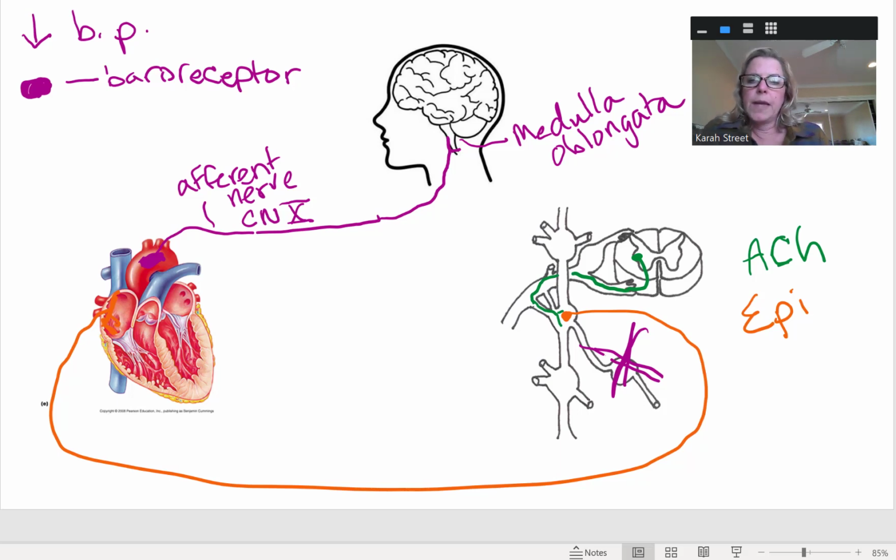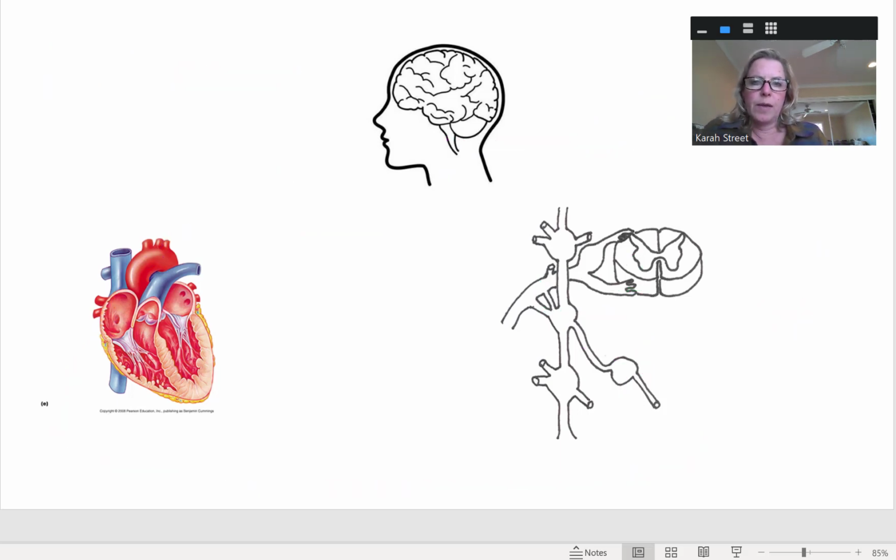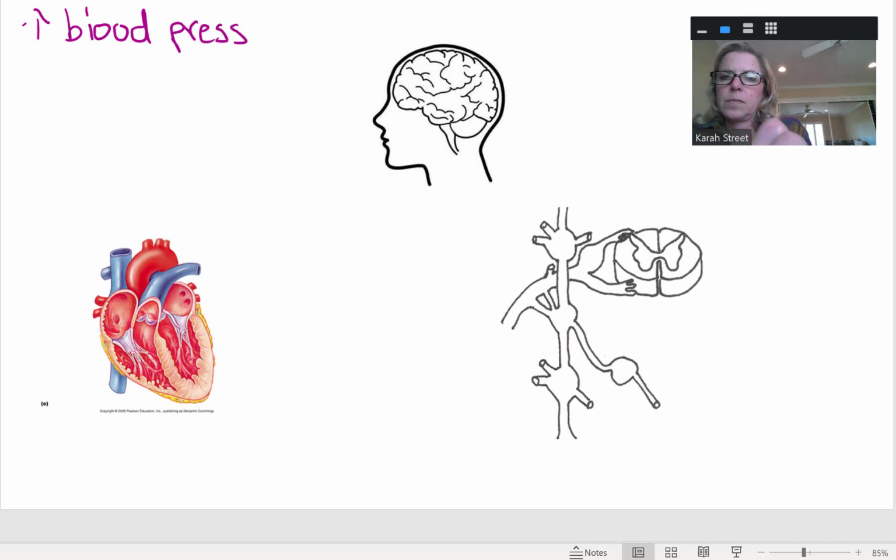Okay, well now let's draw the reflex arc for increasing blood pressure. Again, here is my baroreceptor in the aortic arch.